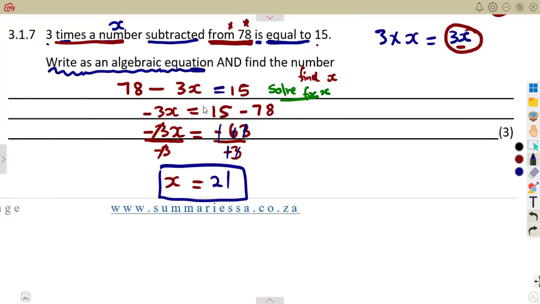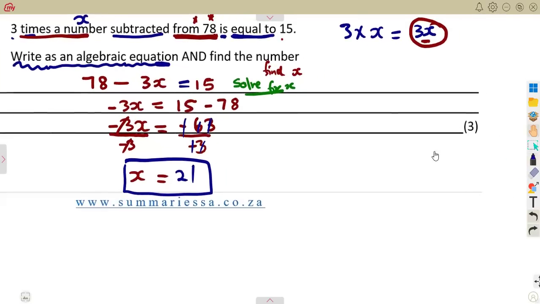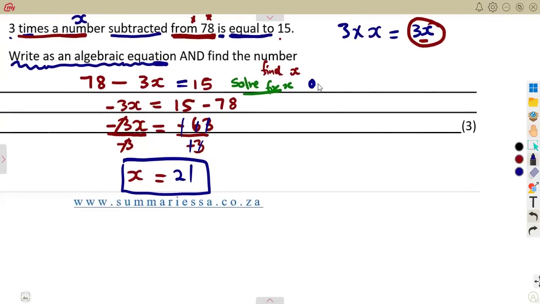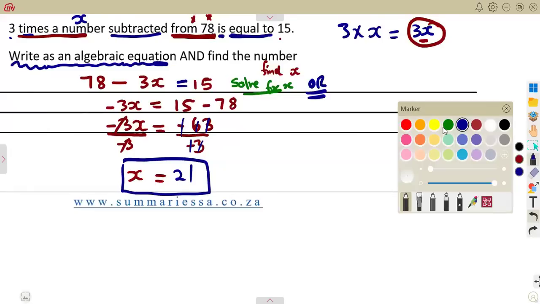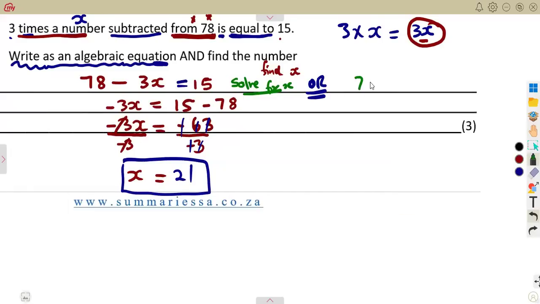Okay, so the way that you can solve, it's up to you guys. You can even choose at this stage how to solve. Like here, 78 minus 3x is equal to 15. If you wanted to avoid this being negative, you take it to this side, and you must take the 15 to the other side.